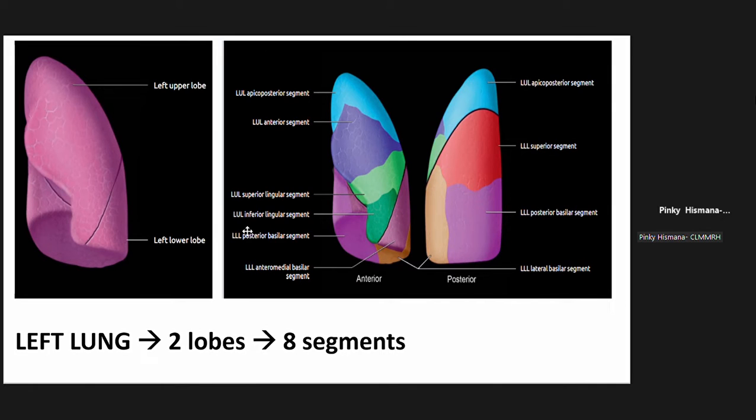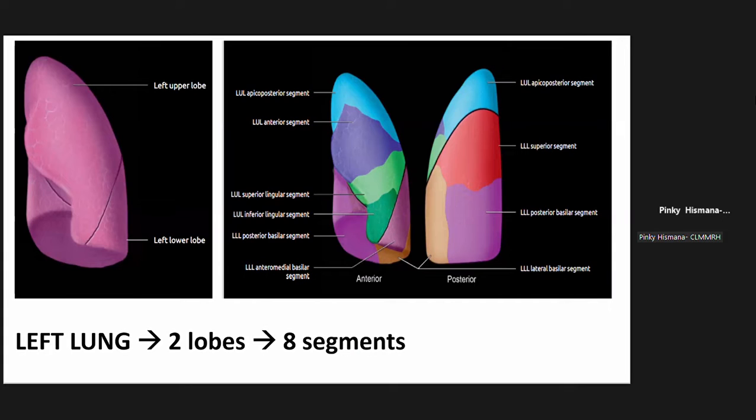So you still have your posterior, your lateral, and your superior segment, and only the anterior medial basilar merged. So for short, right lung 3 lobes, 10 segments; left lung 2 lobes, 8 segments. Remember this, because it may come out in your board exam.